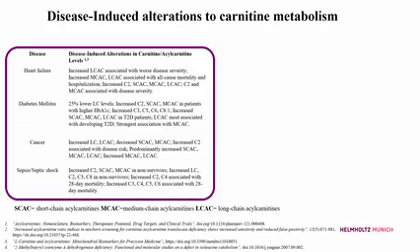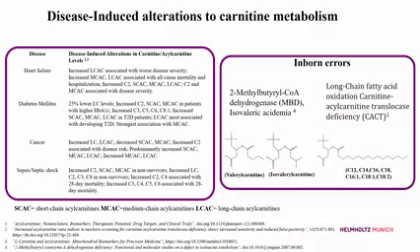Diabetes is associated with decreased levels of short-chain acyl carnitines, for example, C3, C5, C6, and so on. Another interesting example is cancer, which is associated with increased long-chain acyl carnitines together with a decrease of short-chain acyl carnitines.